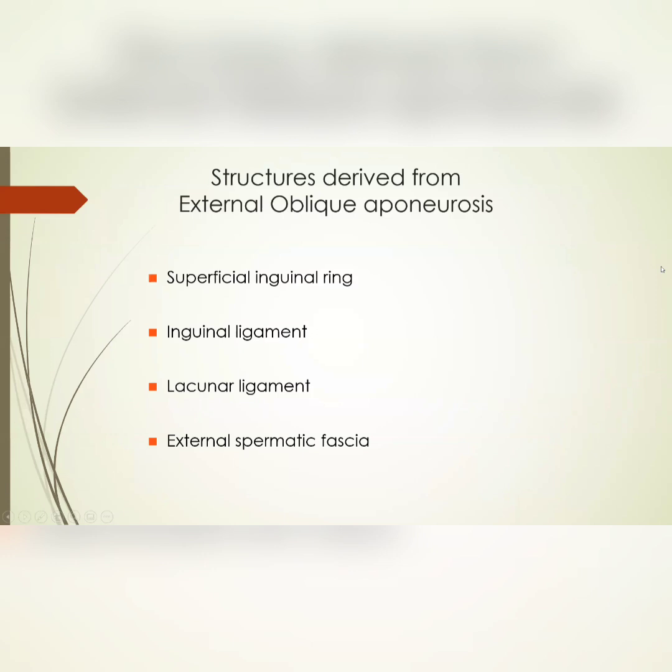So all of you, please learn this list today. What are the structures derived from external oblique aponeurosis? As always, in any topic of anatomy, first learn the diagram, and then it will be easier for you to remember the structures when you correlate.